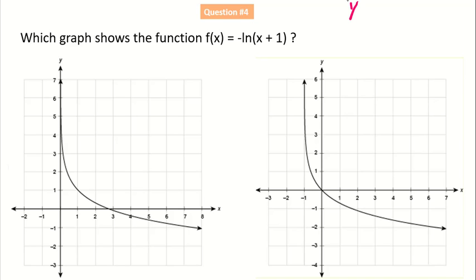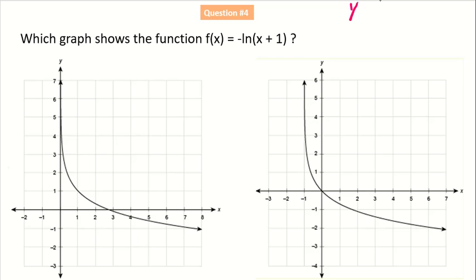I may have a lot of work and run out of room, but let's talk this through. Y equals natural log of x means y equals log base e of x.